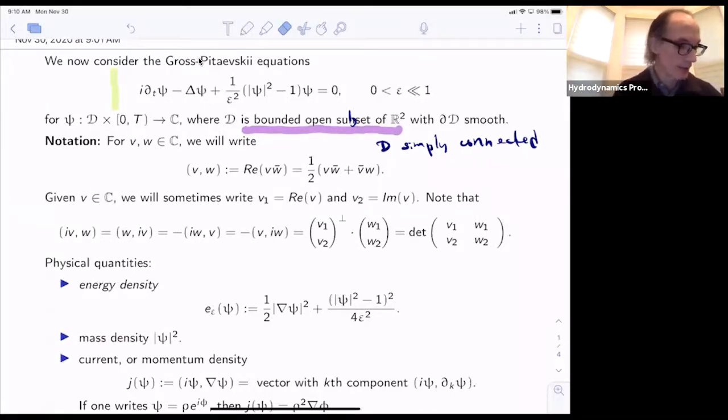And then if you write it out, we can see that this is exactly the determinant of this 2x2 matrix whose columns are V and W. Okay, so that's notation we'll use.